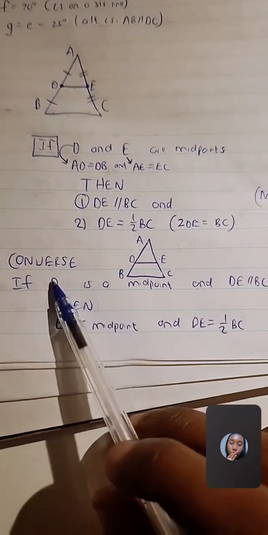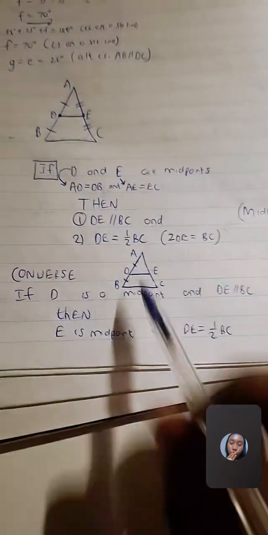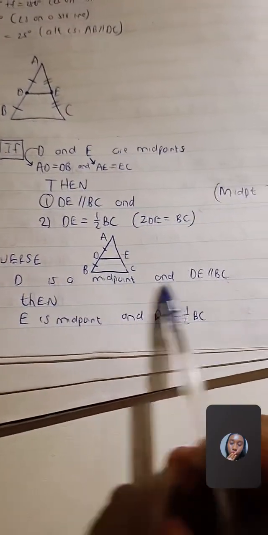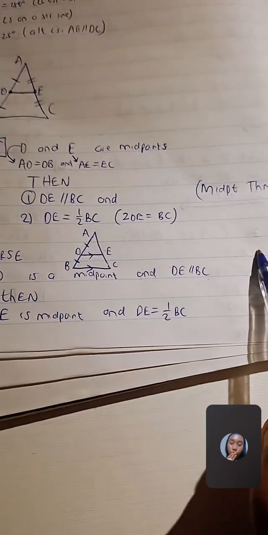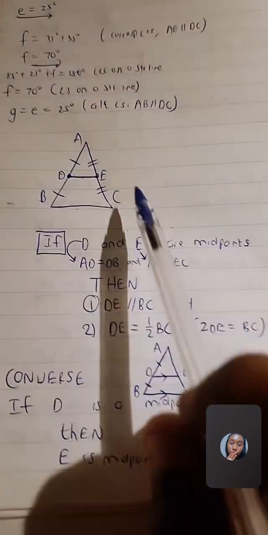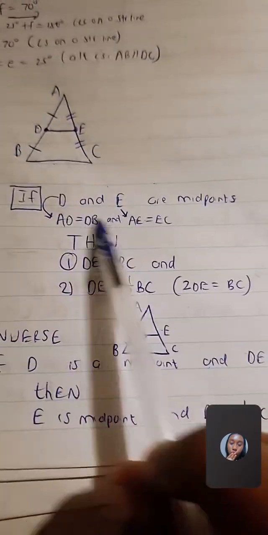All right. So if D is a midpoint, in your diagram, this would be given to you, because the if part is the given part. DE parallel to BC would be given to you. The result is something you would then state. And what would be your reason? Your reason would be the converse. Same thing here. What would be given to you?